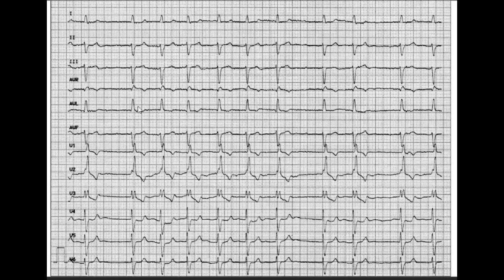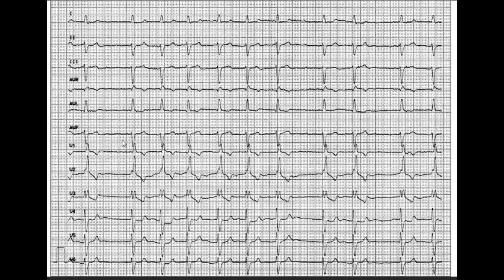First of all, there's left axis deviation, but you cannot calculate if there's hypertrophy. There's nothing else that explains it, so it's actually left anterior hemiblock. So there's left anterior hemiblock in this ECG, and the prolonged QRS can be explained.